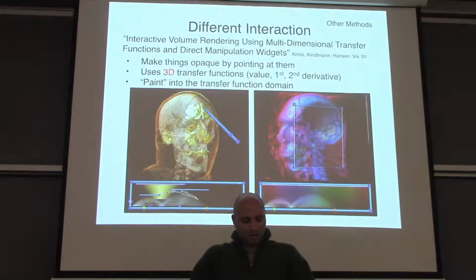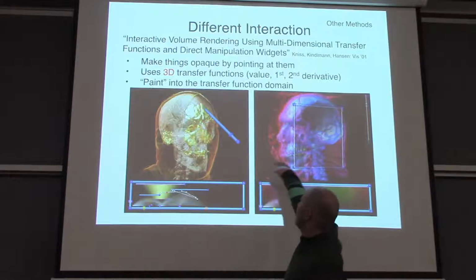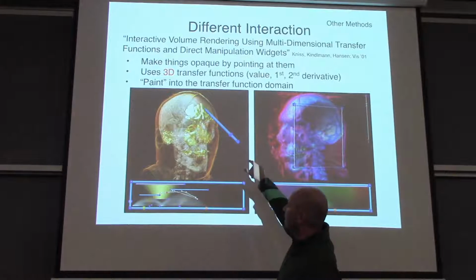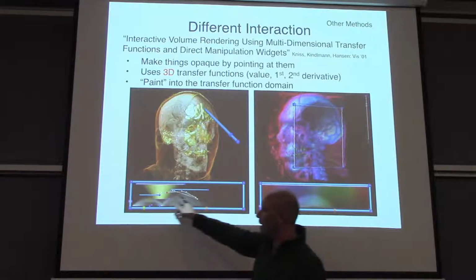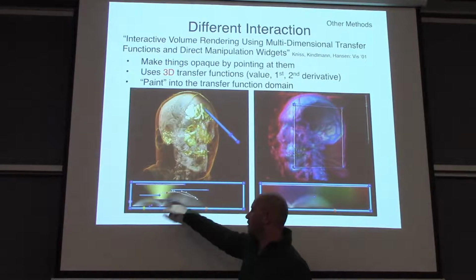So how would you actually manipulate 2D transfer functions with a widget editor? Well, this was a paper that Joe Kniss had, starting in Viz 01, and they ended up having a very nice IEEE Viz paper in 2002, I believe, on this as well. The idea here is that you want to pick things in 3-space directly using this little pointer widget, and then that's actually going to pick the color that you want, and it's going to try to match it with these arcs in the joint histogram.